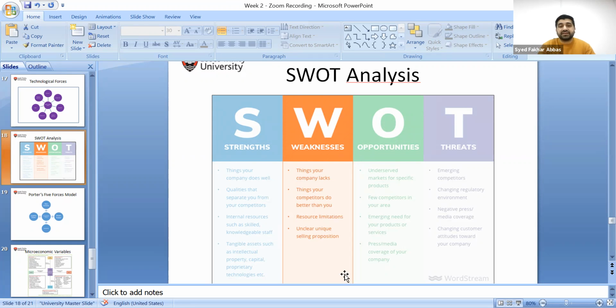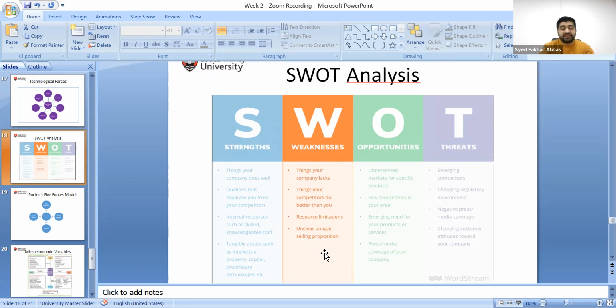So weaknesses means you have either a lack of technology, a lack of human resources, a lack of experienced staff, a lack of financial resources, and then we have an unclear unique selling position. So these are different factors that basically come under weaknesses.